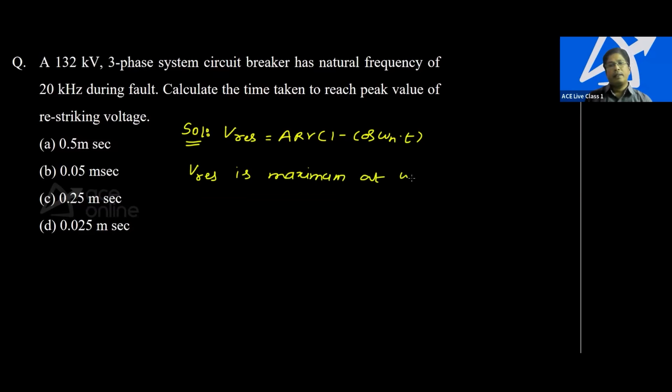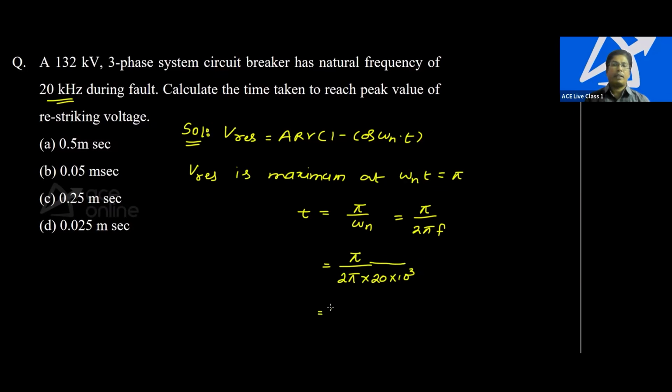at omega n into t is pi, where t is pi by omega n, which is nothing but pi by omega, and omega is nothing but 2 pi into f. Where the frequency is given 20 kilohertz, substitute that one, it will be pi divided by 2 pi into 20 into 10 power 3.